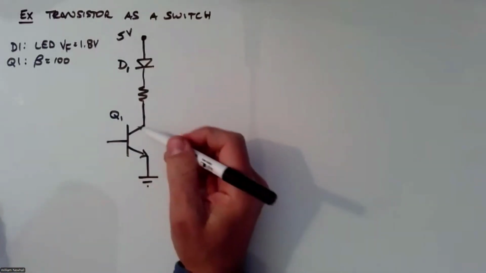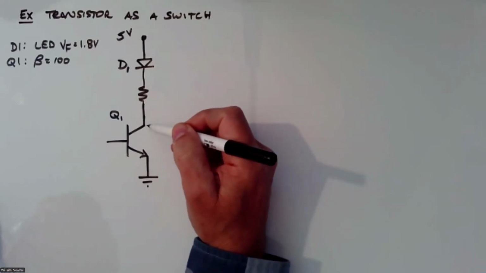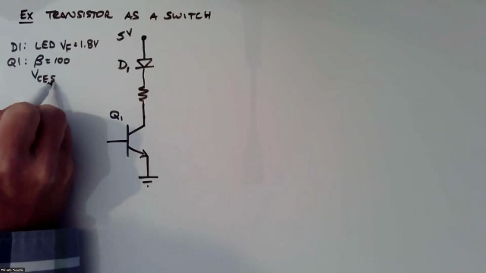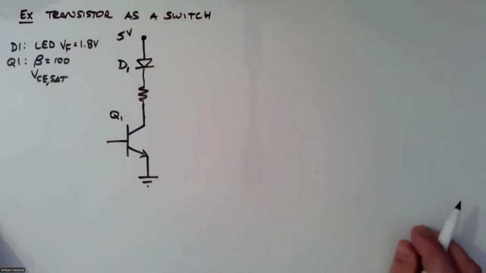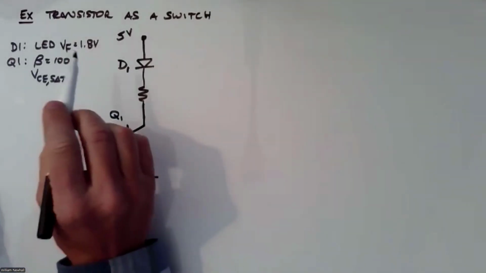And let's suppose that when this transistor is saturated, the collector to emitter voltage is 0.2 volts, like we've been assuming. So VCE sat is, let's say it's 0.2 volts.